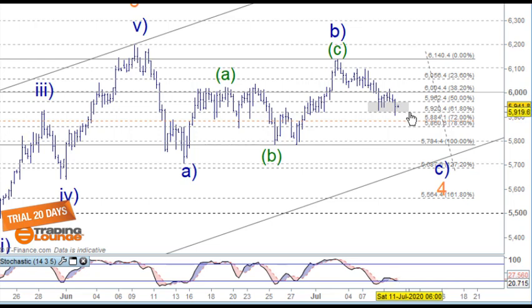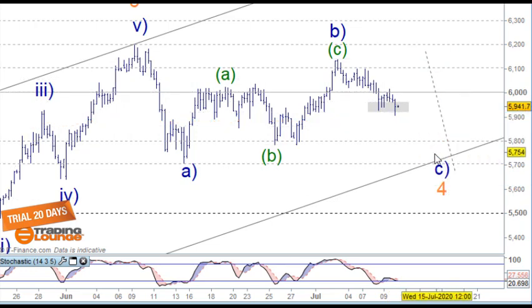Will it rise from this space, or will it drop from this space is the question. For any further downside here, we really need to see that 61.8% as the resistance area here. So that's one thing that we can be looking at today, because if that becomes the resistance, then we know that we'll be pulling down further from that.